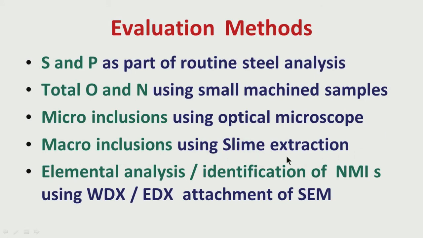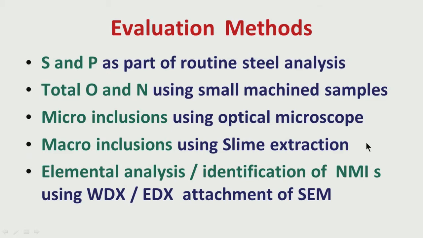There is a technique called slime extraction. That means the machined steel sample, taken from either liquid steel or solid steel, is slightly bigger than the samples for oxygen, nitrogen. These samples can be electrolyzed, which is called slime extraction.